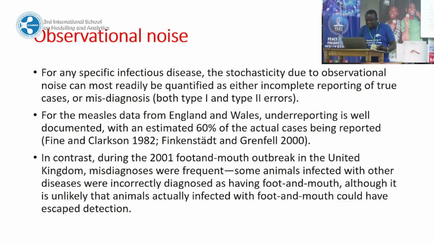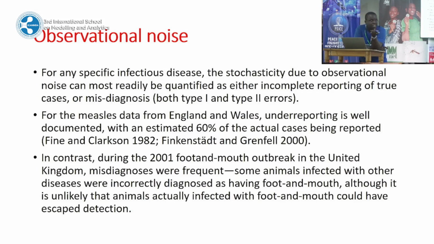So for any specific infectious disease, the stochasticity due to observational noise can most readily be quantified as either incomplete reporting of true cases or misdiagnosis. Just like the girl was misdiagnosed. Now, let me say she was diagnosed correctly, but the report was wrong, right?